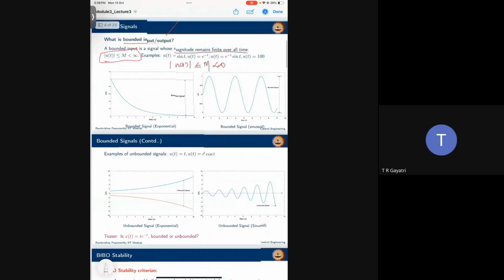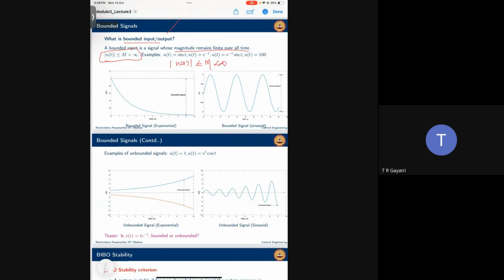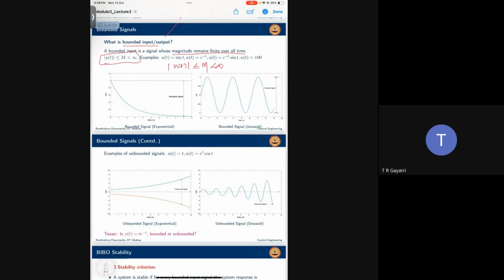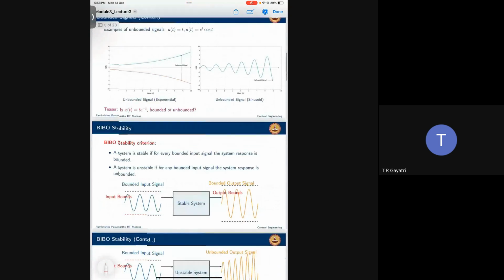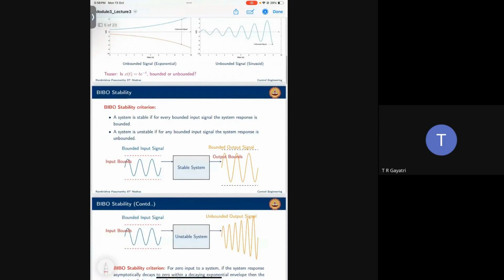If the system is stable, you get an output similar to the input, in that it will also be bounded. It is not guaranteed to be the same bound as the input, but it will be finite. Then the system is stable. Otherwise, it's an unstable system. This nature is called BIBO stability.